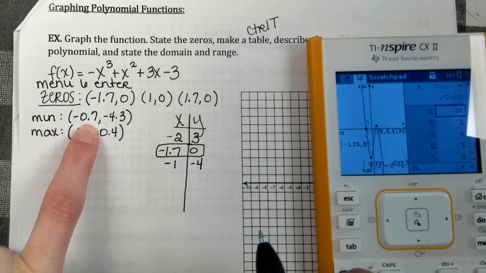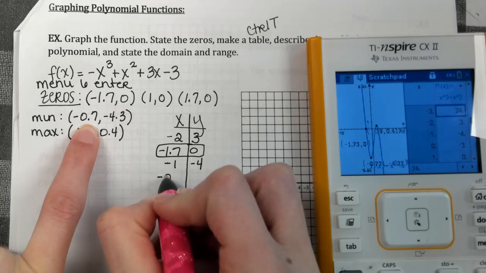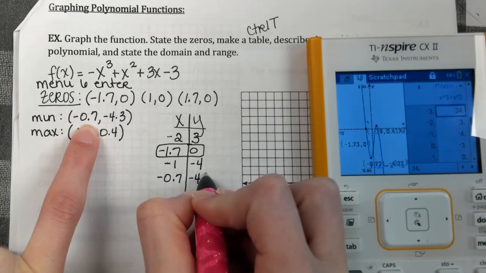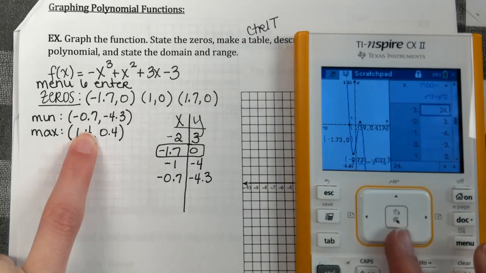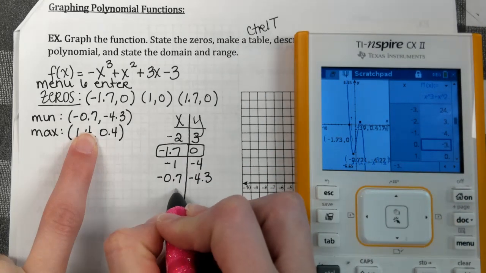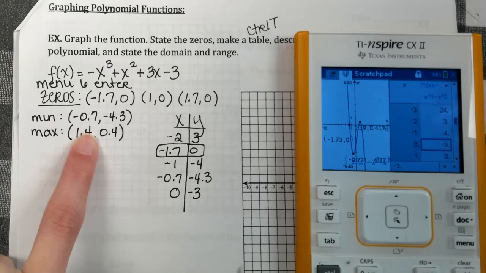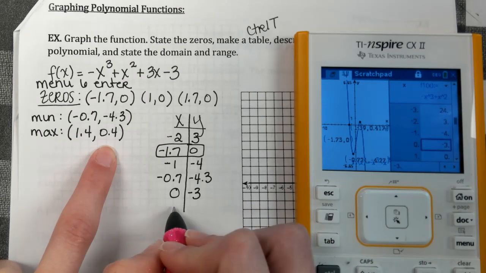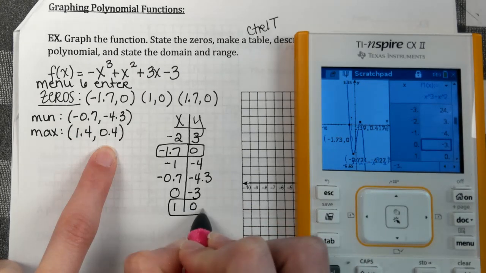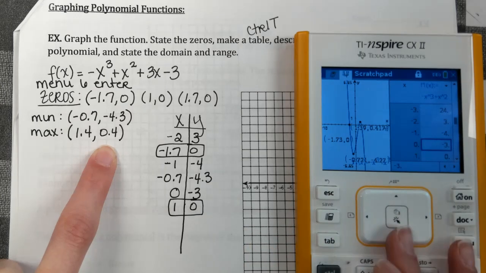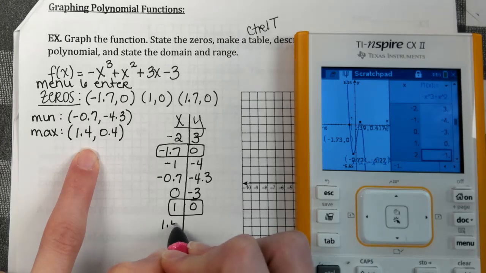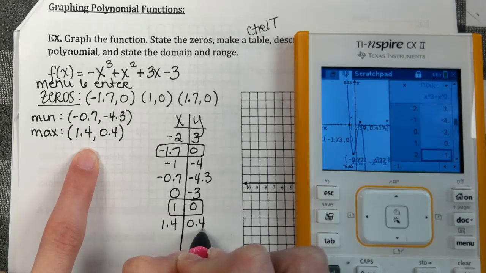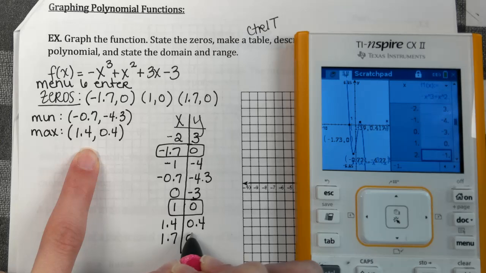And then before I go to 0, I need to have my negative 0.7, negative 4.3. Then I can have 0, negative 3. And then 1, 0. And then I should have my 1.4, 0.4. And my 1.7, 0 before I get to my 2, negative 1.